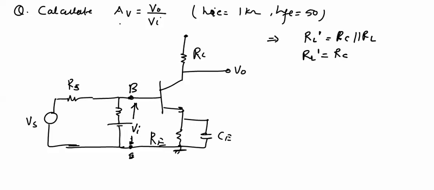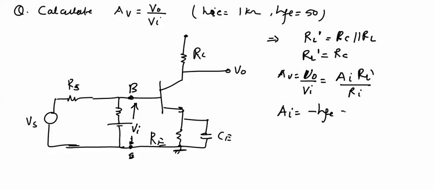Now to calculate this voltage gain AV equal to V naught upon VI, we use this formula AI into RL dash upon RI. Current gain AI is equal to minus HFE and it will be minus 50.